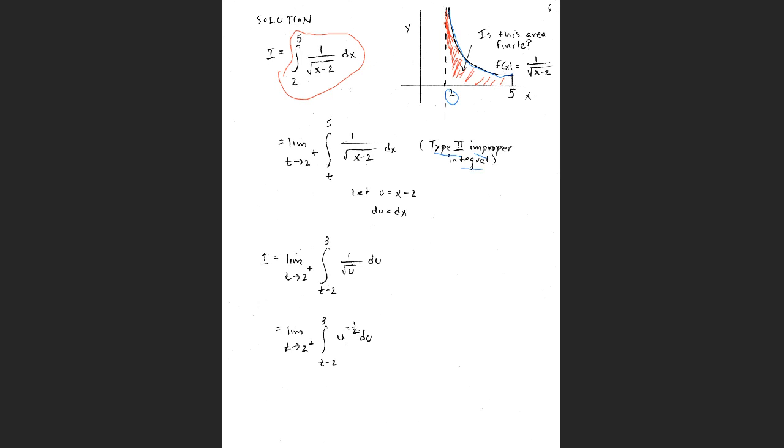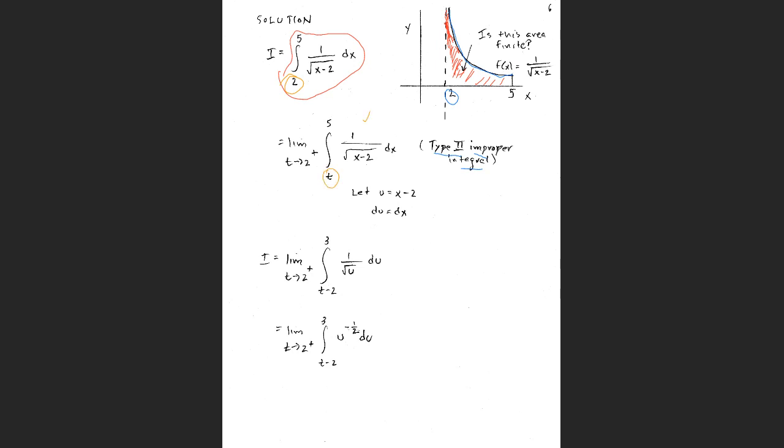Professor, a question. Yes, Clea. Why do you do the limit t goes to 2 plus? Good question. When we write our improper integral, we're writing it as a limit again. The 2 is the problem, right? So we replace the 2 with the t. Everything else stays the same.